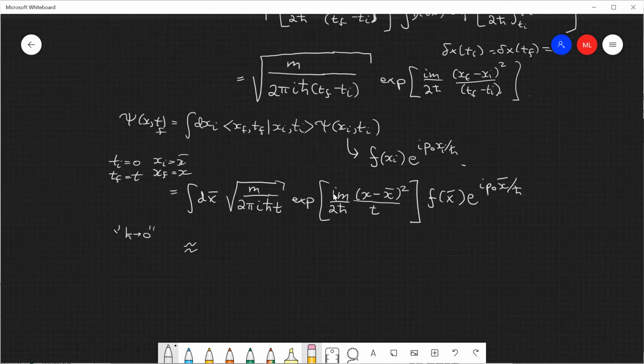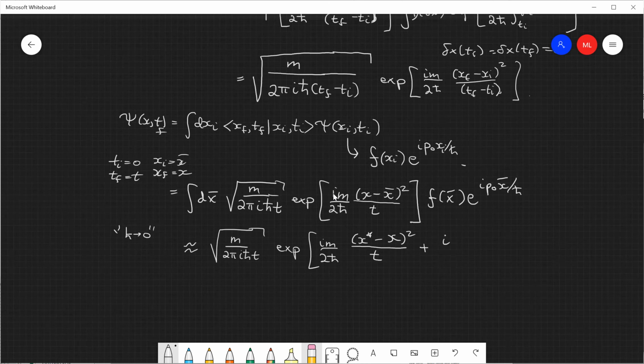So I can say approximately this is equal to m over 2 pi i h bar t. And now we're going to say the integral is done with, and all that happened is that we picked up the place where x bar gives us a stationary point.